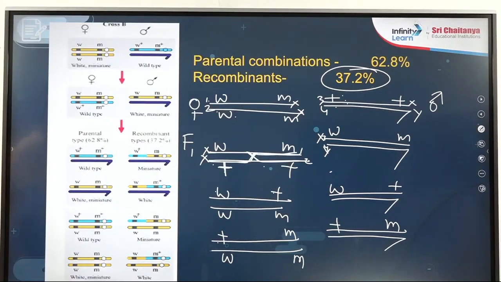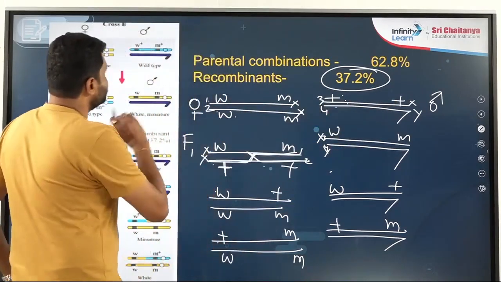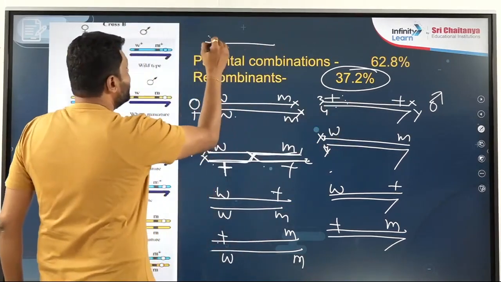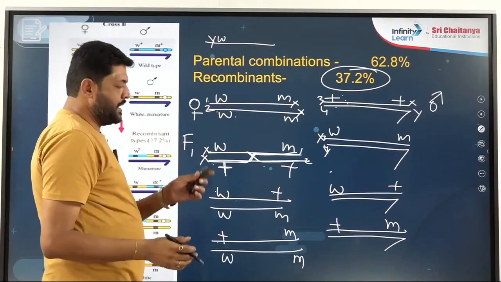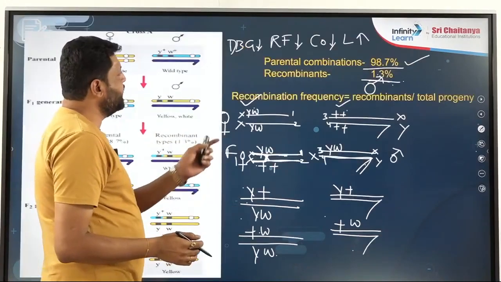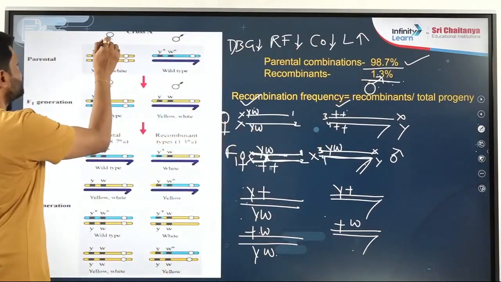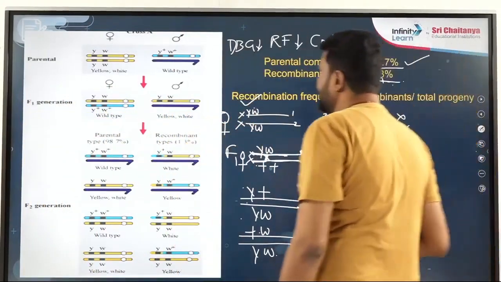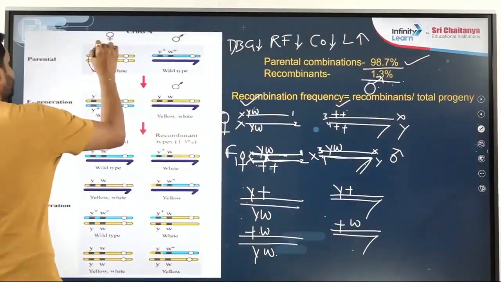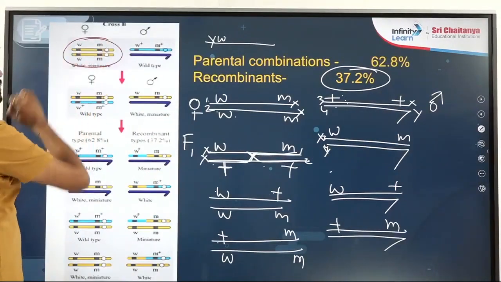37.2%. It indicates that if the distance between two genes is more... Earlier we have seen cross A, where yellow and white are very close, hence the crossing over frequency is 1.3%. These two genes are very closely located. And have a look here: these two genes are distantly located.